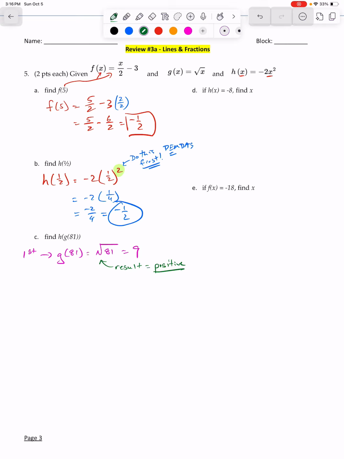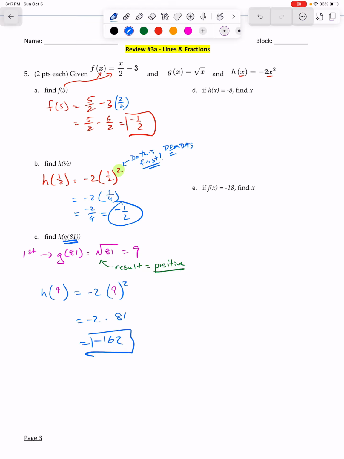So it can only have one y for every single x. But then, once I know that g of 81 is 9, I can replace this with 9. So it's h of 9 that I then need to do, which is -2 times 9 squared, which is -2 times 81, which is -162.